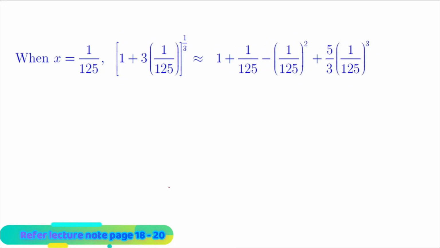For the left-hand side, we just need to simplify the fraction inside the bracket to get (128 over 125) to the power 1 over 3, and then calculate to get the figure 1.007937 on the right-hand side.